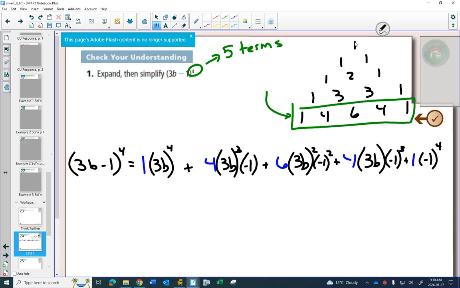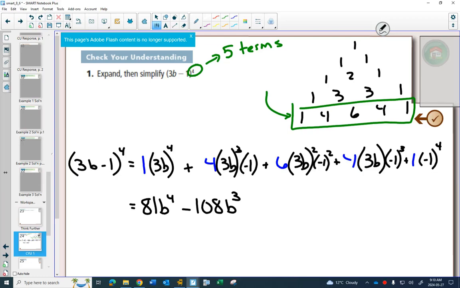Now we have to simplify. Well, 3 to the 4th is 81 b to the 4 plus 3 cubed is 27 times 4 is 108 times a negative 1 will be minus 108 b cubed. 3 squared is 9. 9 times 6 is 54.